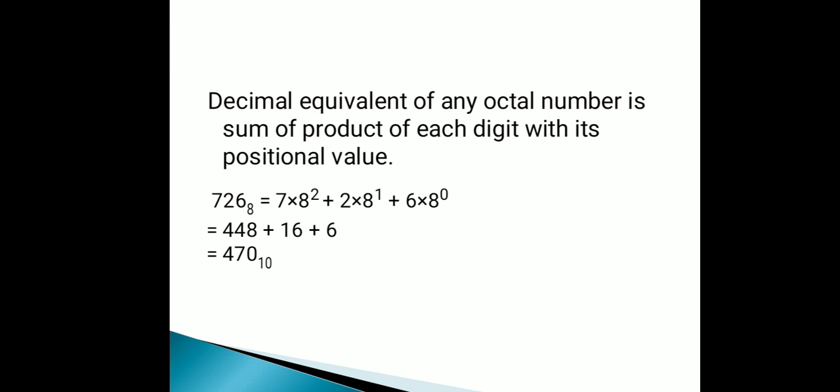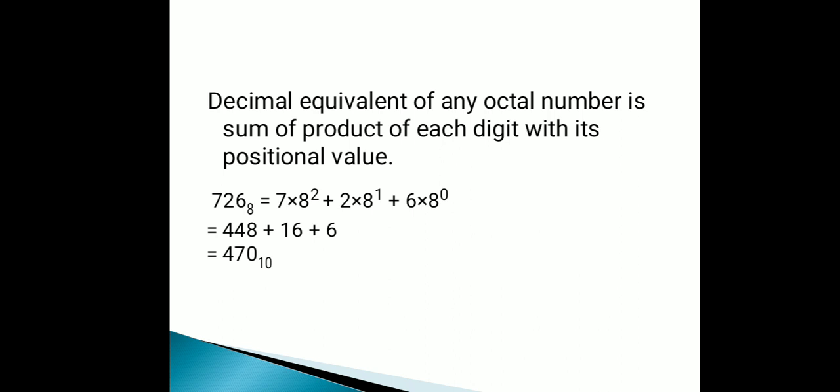So 7 into 64, that is 448, 2 into 8, that is 16, and plus 6 into 8 to the power 0. What is the value of 8 to the power 0? That is 1. So 6 into 1 is 6. The sum is 448 plus 16, that is 464, plus 6, that is 470, and the base is 10, because we changed this octal number to a decimal number.